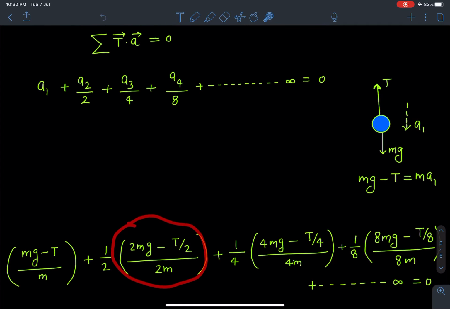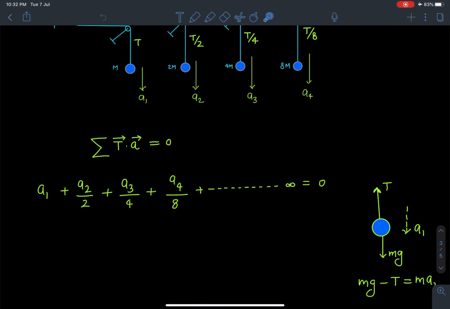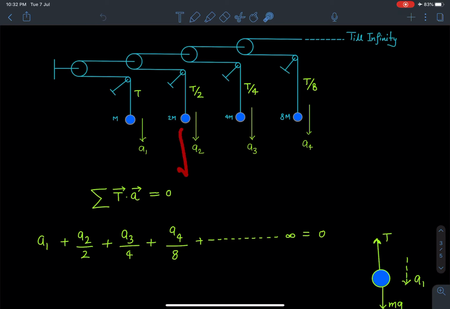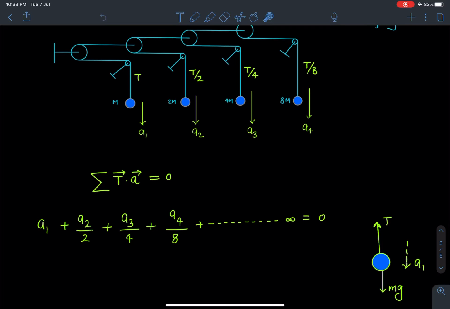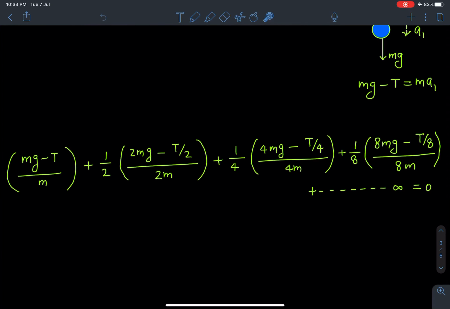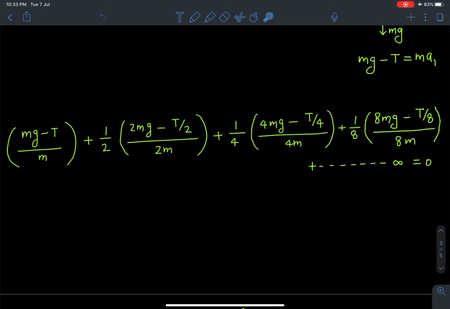Then 1 by 2 times a2. We can see a2 from here: 2mg minus T by 2 is equal to 2m a2. So a2 will become (2mg minus T by 2) divided by 2m.